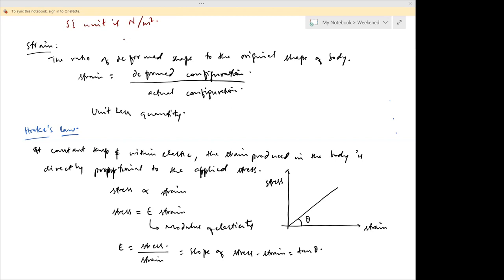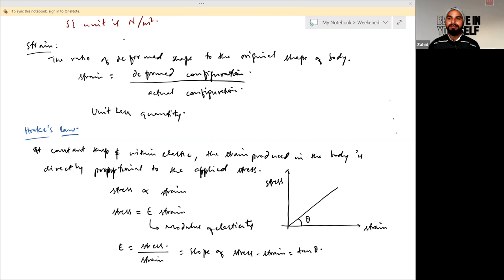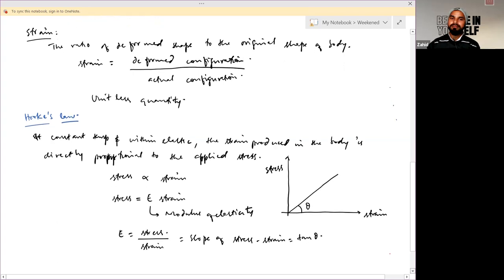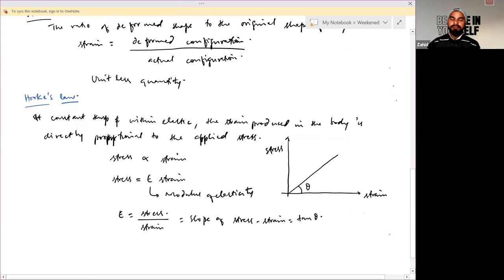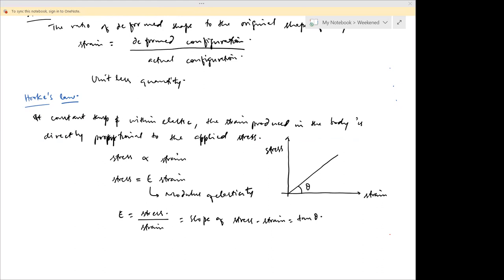Yes. Wahid? Okay. Sir, in this chapter, what are the derivations?